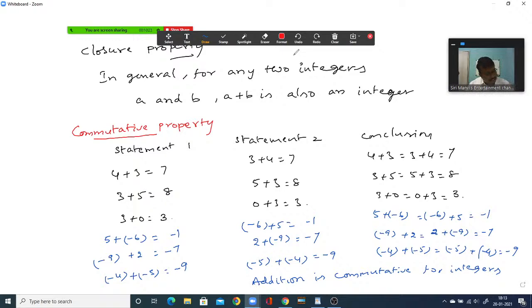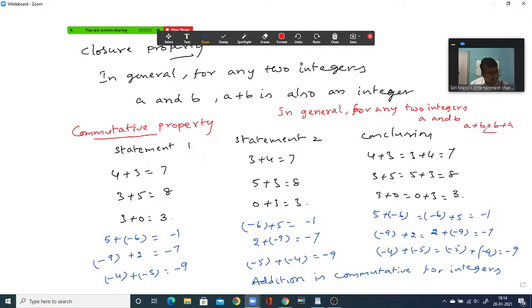In general, for any two integers a and b, a plus b is equal to b plus a.